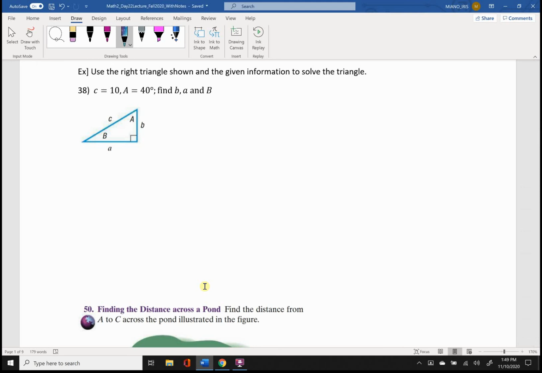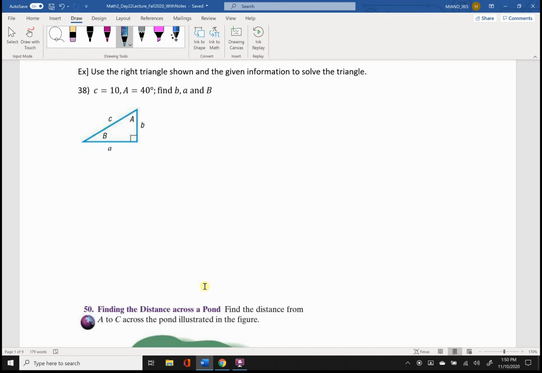All right, let's take this next example in which we are given a generic right triangle of side lengths lowercase a, b, and c with interior angle measures capital A and B, and of course the right angle is identified by the box in the interior angle in the bottom right hand corner of the triangle.